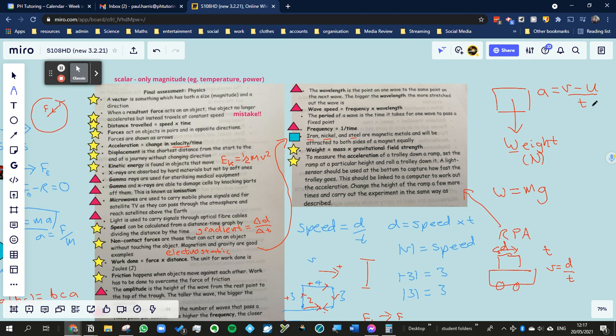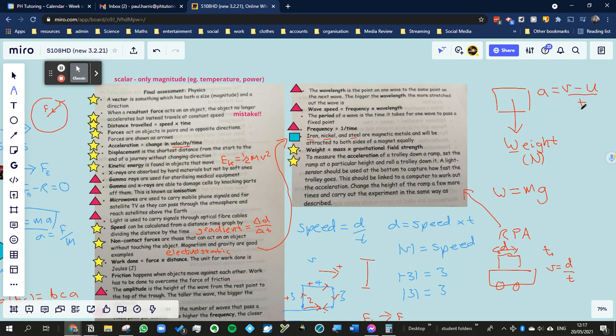So there's three times I'm referring to here. We've got the time the beam of light was cut as it goes through the first light gate, which is called T1, and then the time it takes to cut the second beam of light at the bottom of the ramp, which we can call T2.